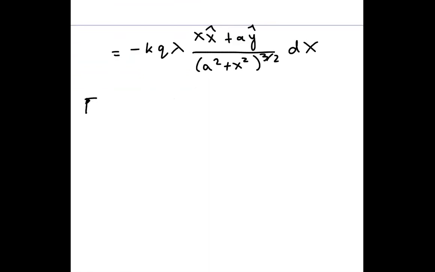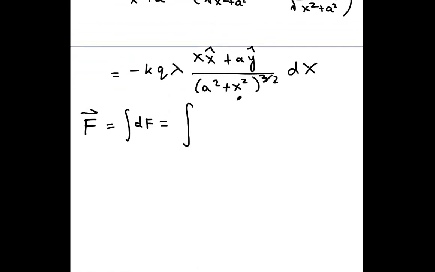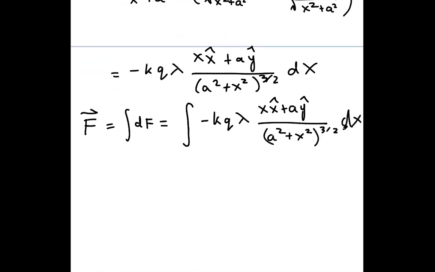So force F, the net force, is equal to the integral of dF, which is just the integral of this very scary looking thing over here, negative kq times lambda times x hat plus a times y hat over a squared plus x squared raised to 3/2 times dx.